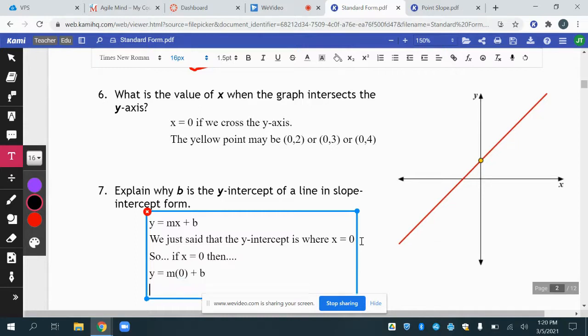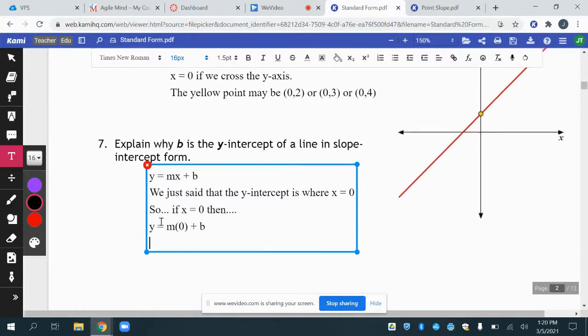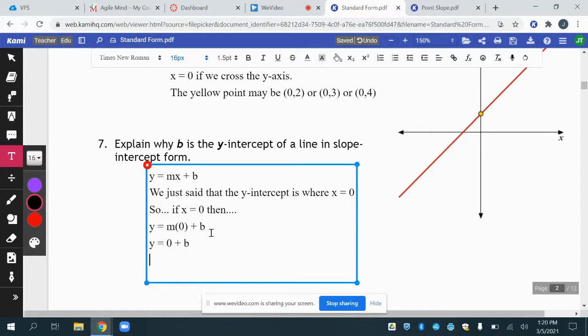Well, here's the crazy thing. We don't know how steep this line is because we never said what m was. But I do know that any number times 0 is just 0. 0 plus b, and 0 doesn't need to be written. So really just y equals b.